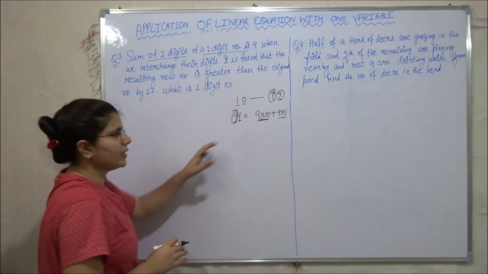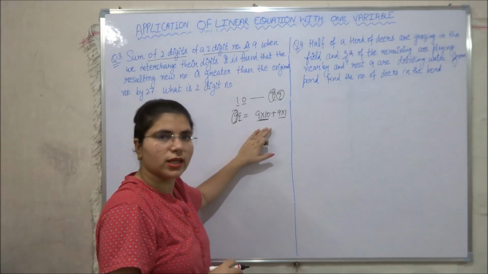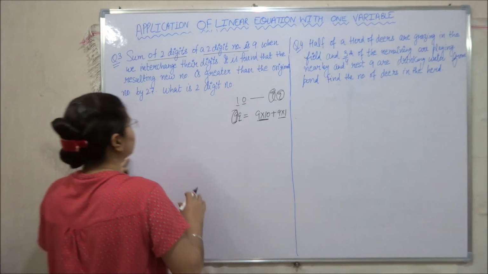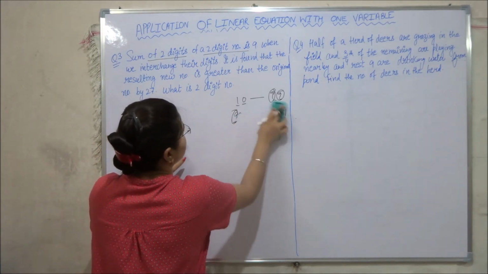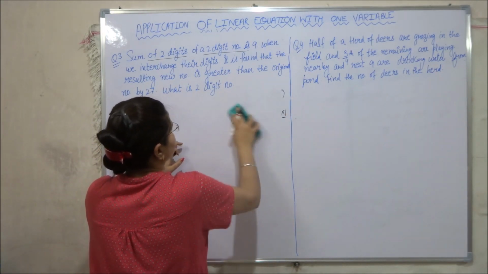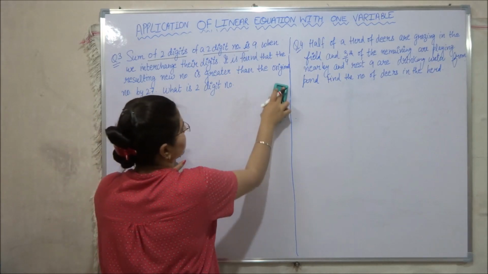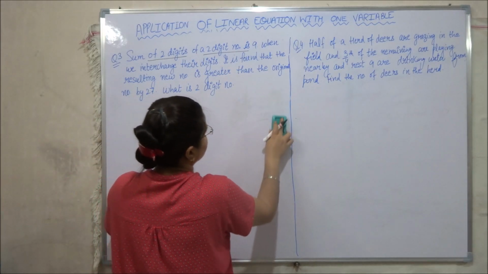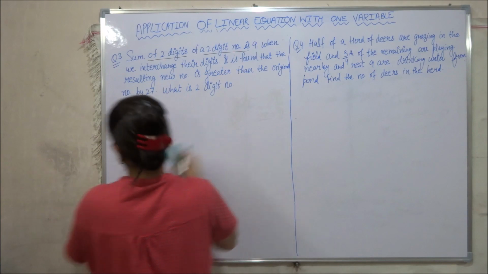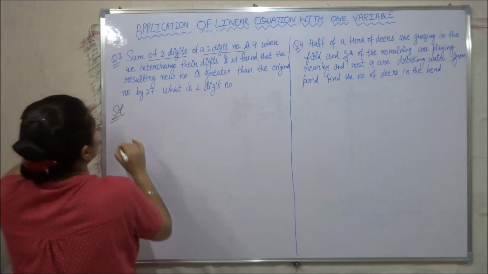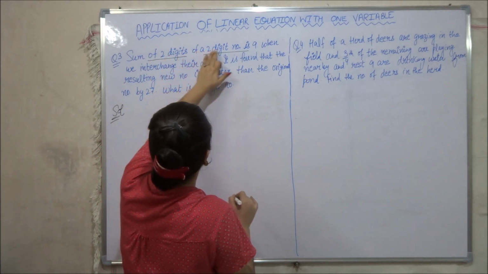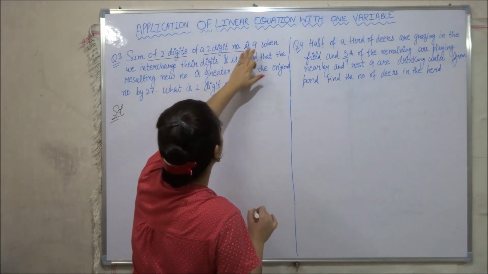So in this way 99 can be written in the expanded form. Now, the sum of the two digits of a two-digit number is 9.